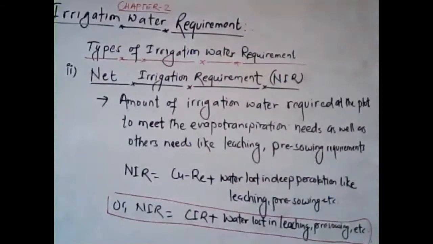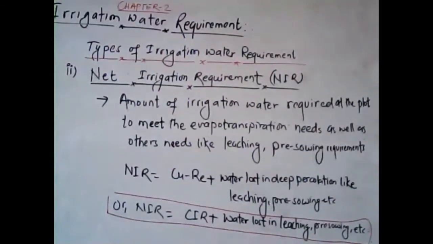So it is the water loss during deep percolations during the field preparations. When you make field preparations for sowing the crops, some water is lost there. Likewise, pre-sowing requirement is the water you need to apply before sowing for wetting the field.